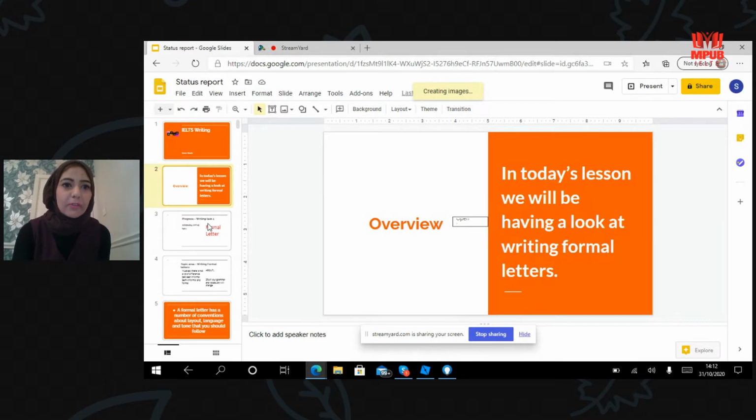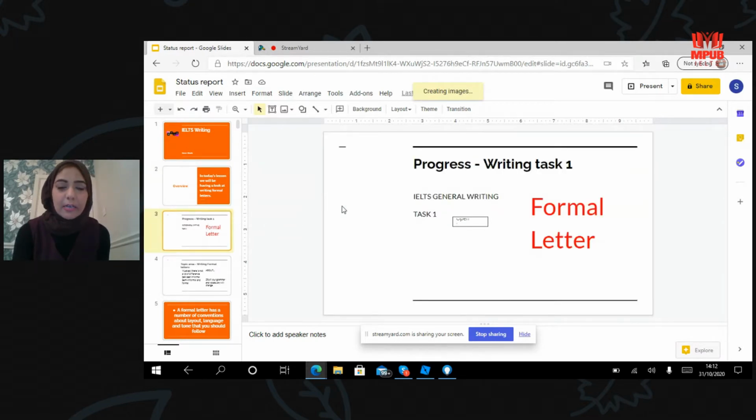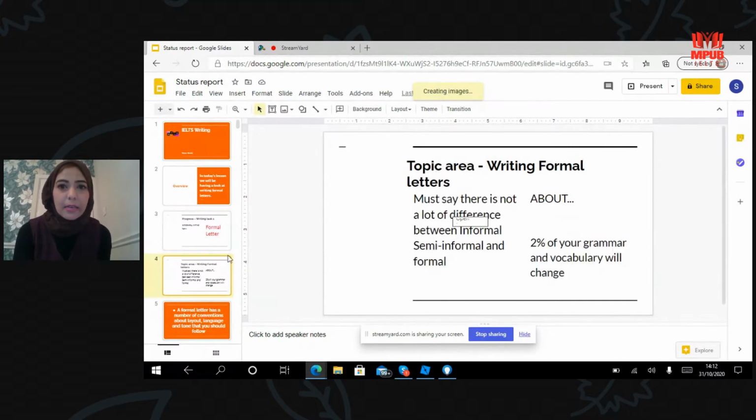So let's focus on the general writing task 1, formal letter. So the topic area is writing formal letters. What I must let you know really is that there's not a lot of difference between informal, semi-informal and formal letters.